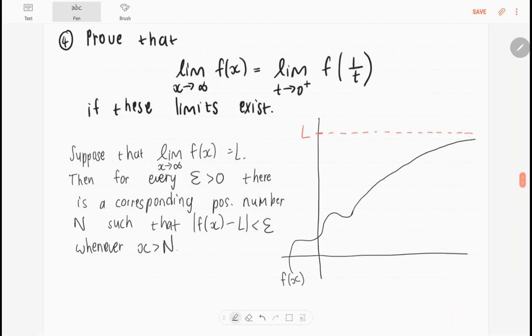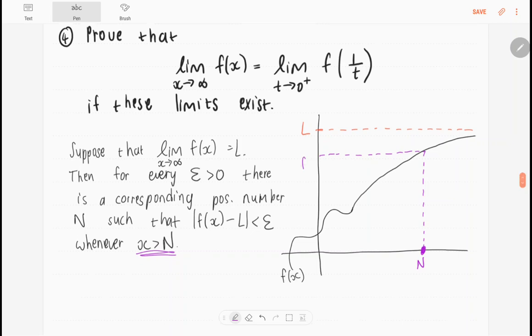So all that means is, if we take an x greater than n, let's first look at the graph and illustrate it there. Let's say we take n as this value here. So this is n. Then this will be f of n.